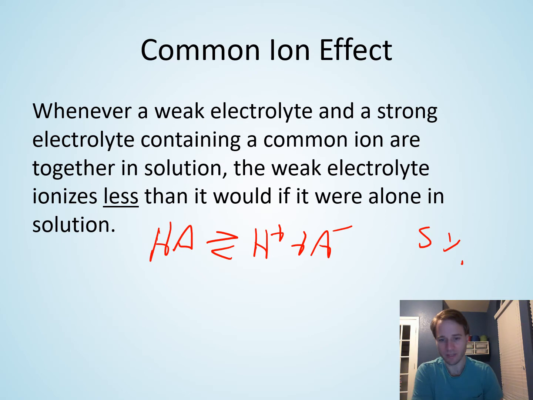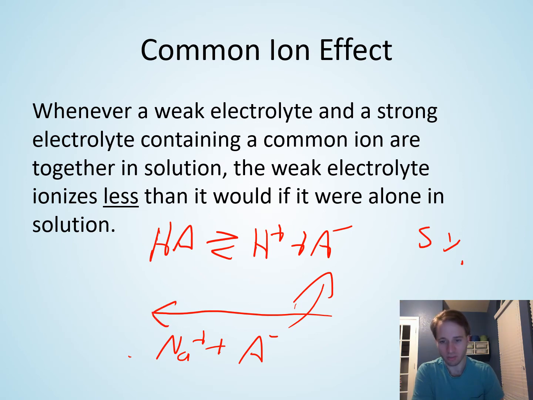Well, if I add in some amount of A- by adding sodium acetate, as in the example on the previous slide, then that is going to cause this equilibrium to shift to the left, and my percent ionization is going to go down to, say, 3% or something like that. Now the amount of HA that's broken apart is only, say, 3% because of that common ion. So again, this is the common ion effect.